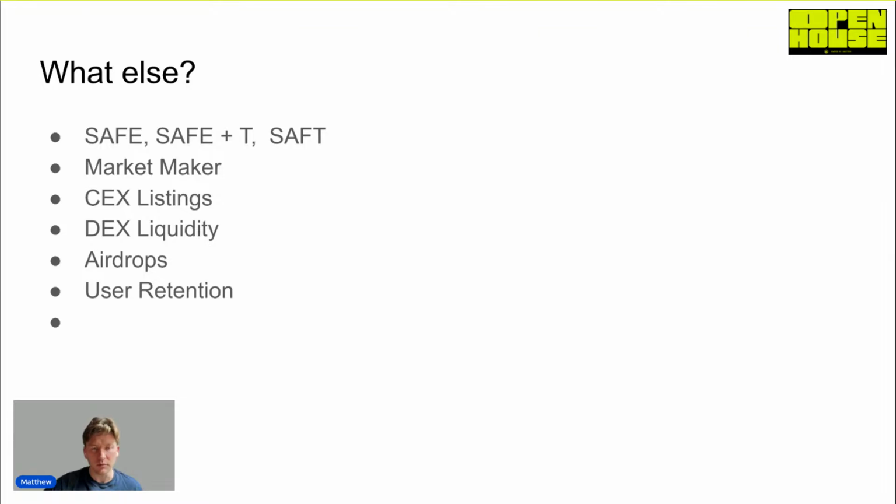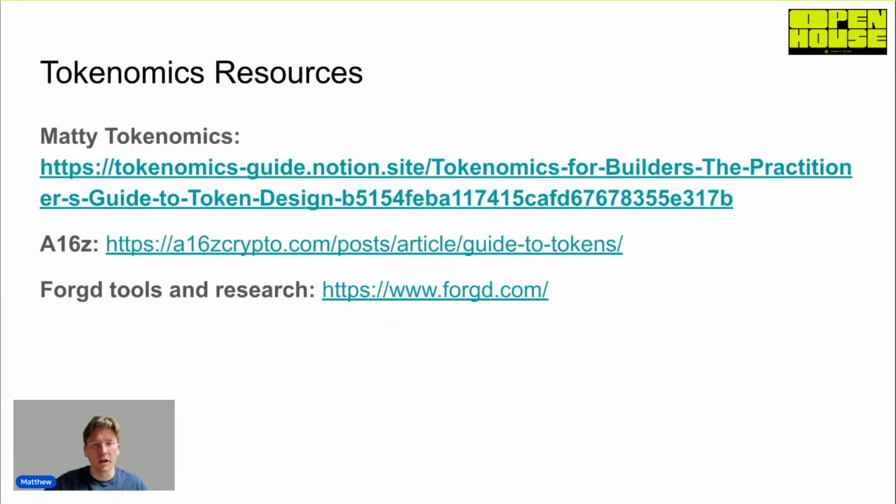And so some great resources that I would point to for a really great fundamental understanding of tokenomics is Matty Tokenomics, who is now the co-founder of Legion, which is a new attempt at public fundraising.